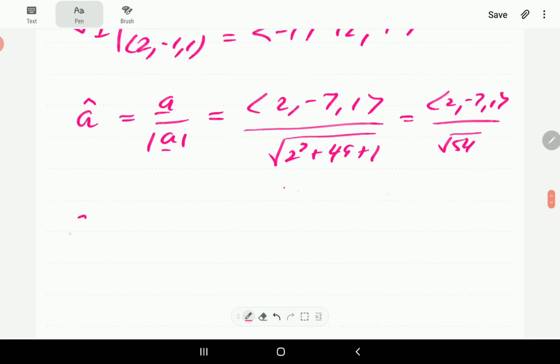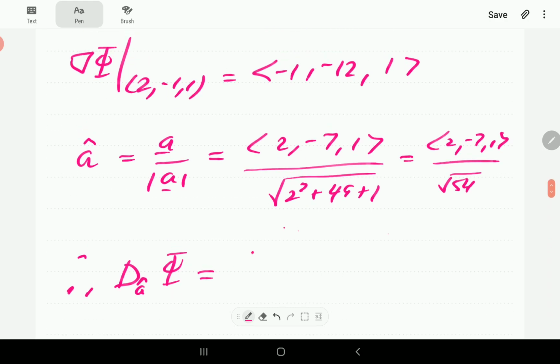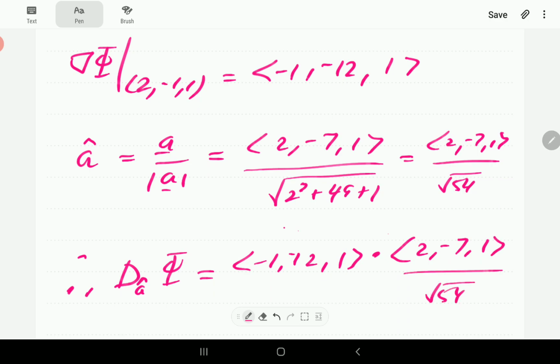And so the directional derivative which is required is going to be negative 1, negative 12, 1 dot 2, negative 7, 1 divided by square root 54.